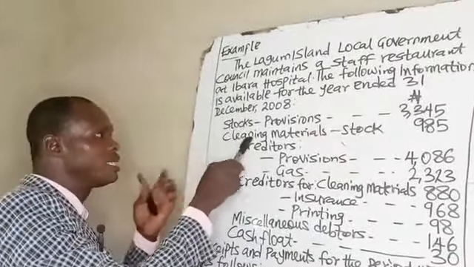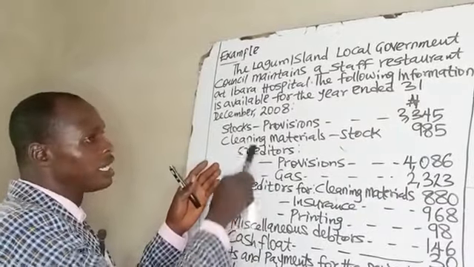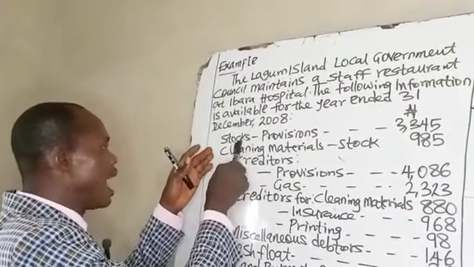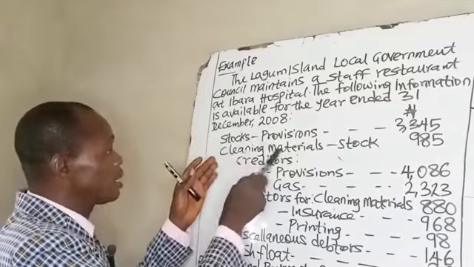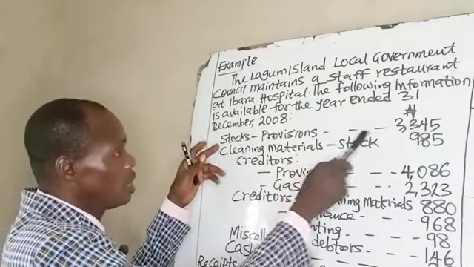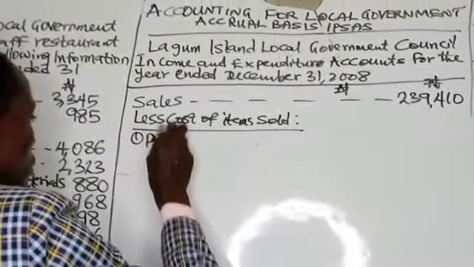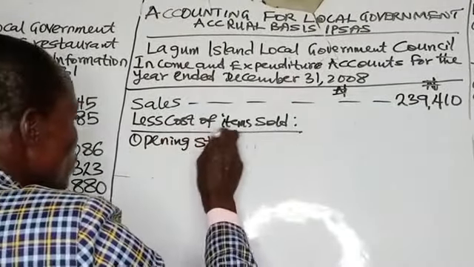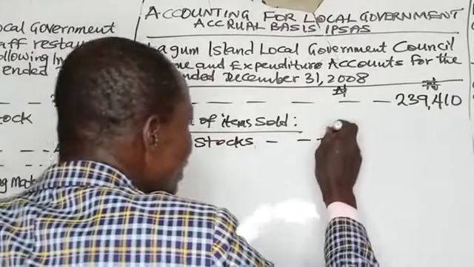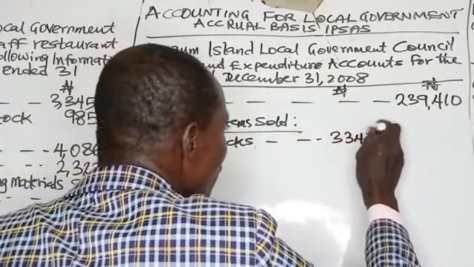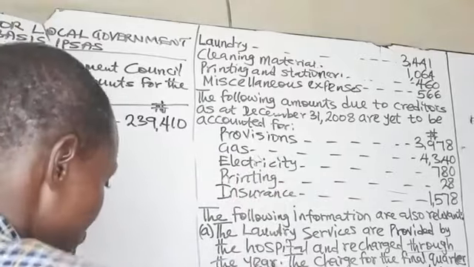This is the opening entry. It is in the opening entry that you are going to have the opening balances. So this is the opening stocks, 3,345. These are the closing balances.